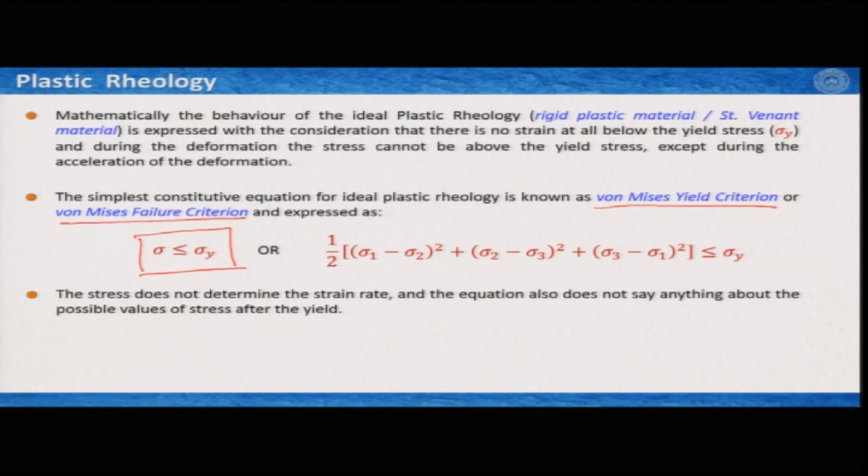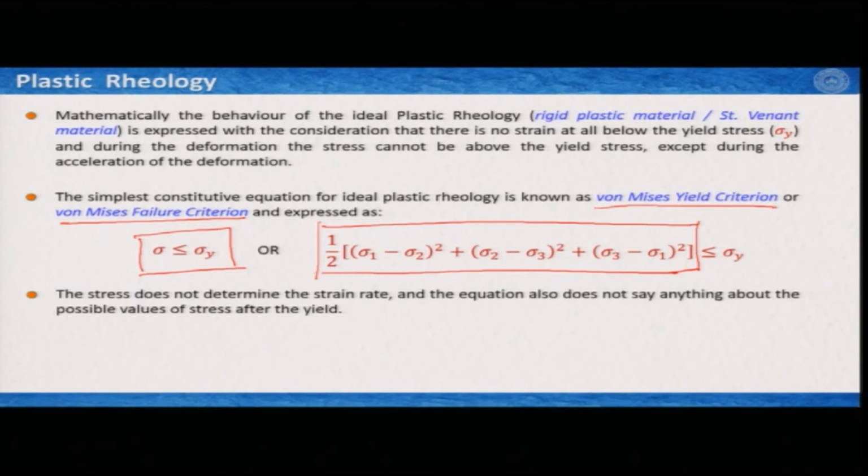And you can expand this part in this form, sigma involving all sorts of principal axes of stresses, and if you recalculate it to your stress slides that we have seen, it is the stress invariant number 2.